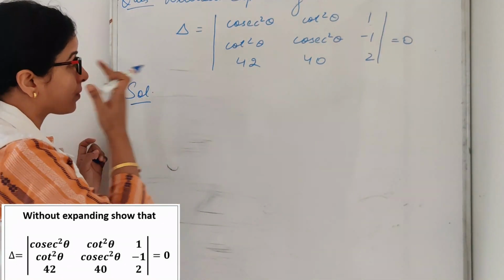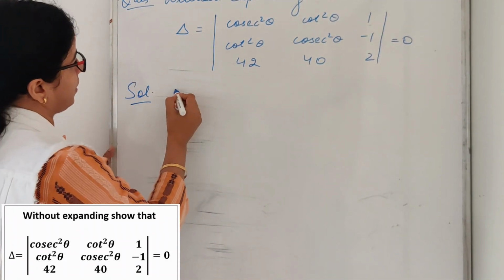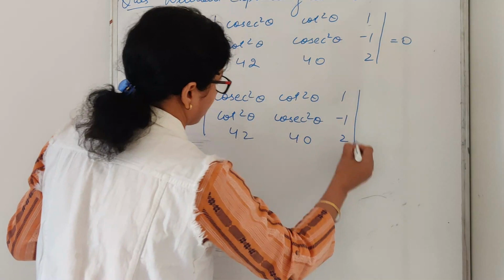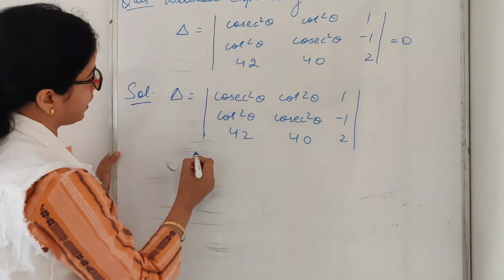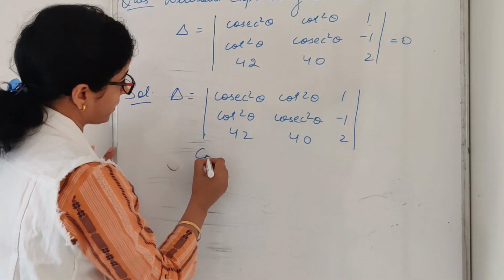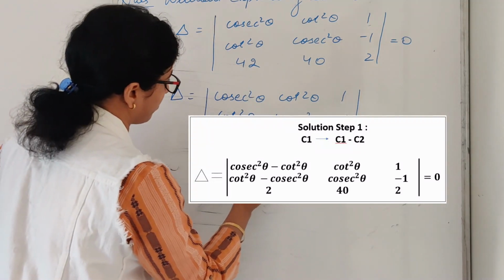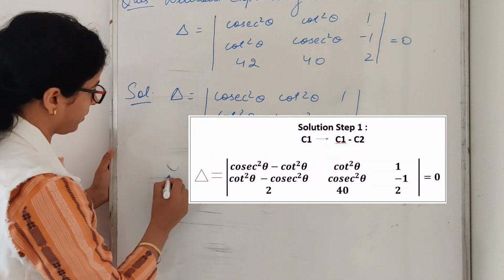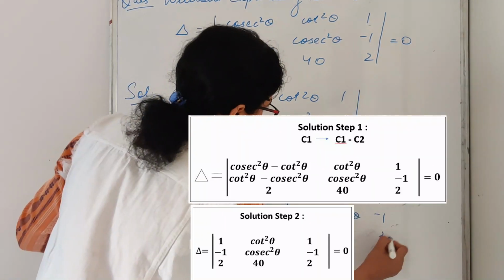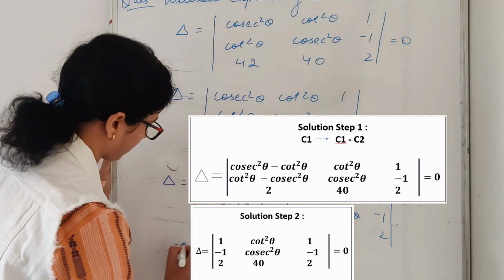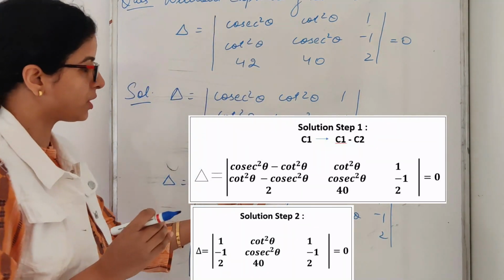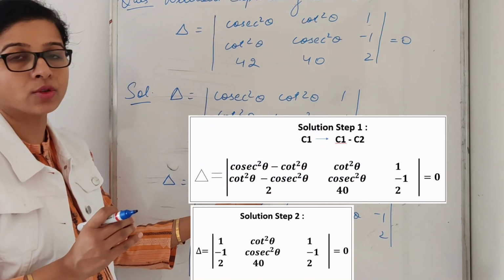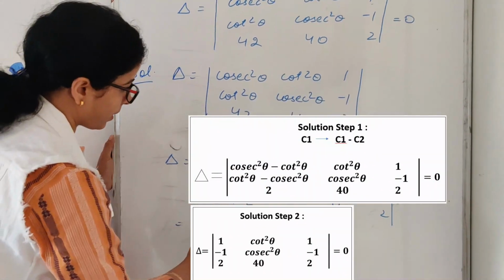So now see this question. I am doing C1 tends to C1 minus C2. Now this is a trigonometrical identity: cosec square theta minus cot square theta is 1. Apply that.